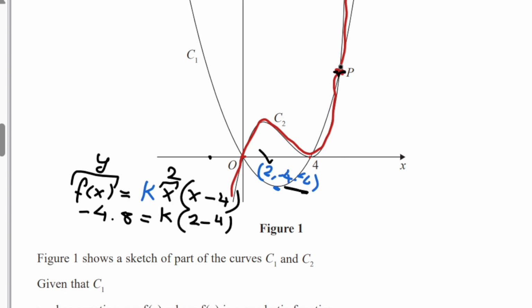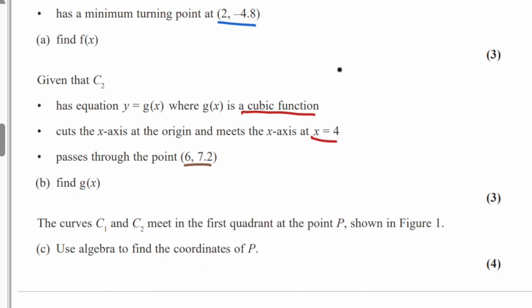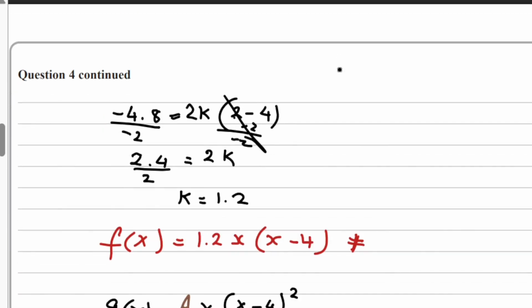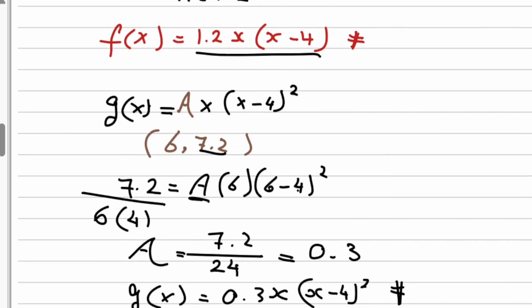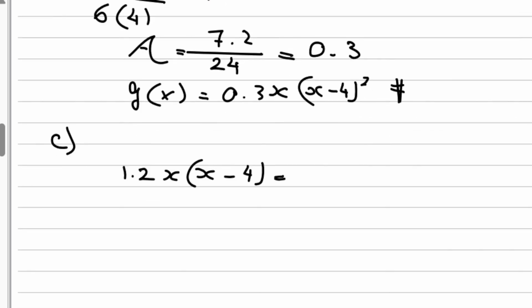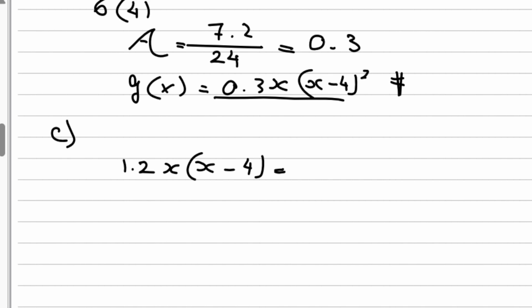Alright, since they intersect here, that means we can just set the equations to be equal. So the first equation was this nice equation, 1.2 x minus 4. So this is part C. So 1.2 x minus 4 should equal the other equation, which is 0.3 x minus 4 squared.